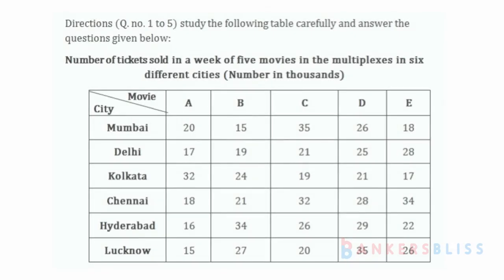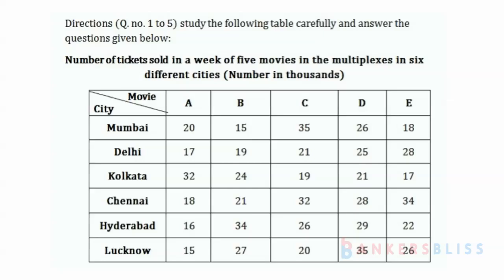Let's go to problem number 1. See, they have given the table: number of tickets sold in a week of 5 movies in the multiplexes in 6 different cities. The number of tickets they have sold are in thousands. So movies A, B, C, D, E and the cities Mumbai, Delhi, Kolkata, Chennai, Hyderabad and Lucknow.